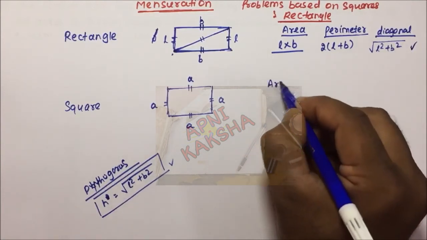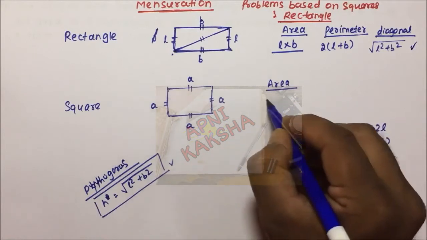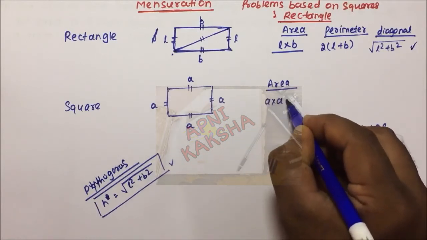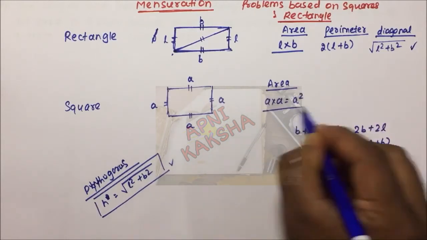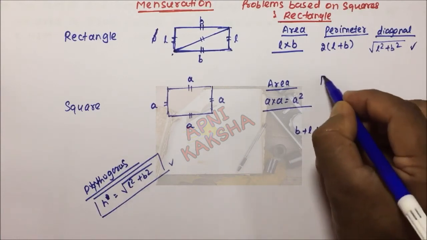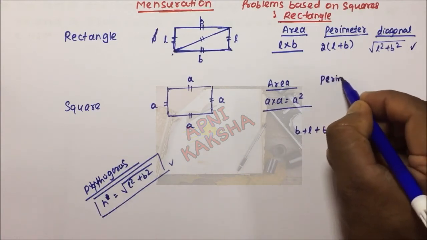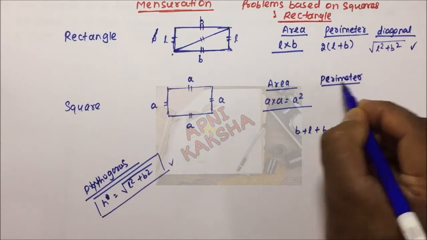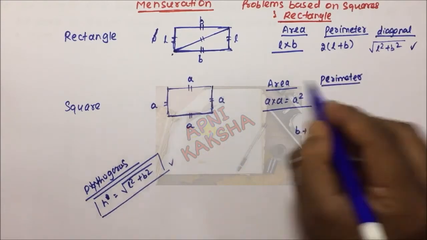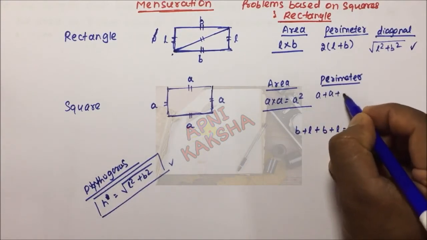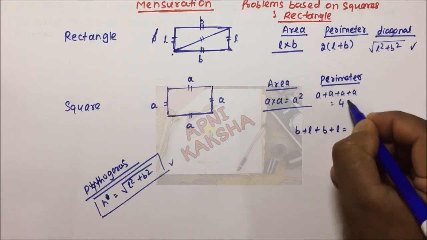If we talk about the square, the area will again be length into breadth, but here both are the same. So this will become A into A, A square. So area will be side square. The perimeter is nothing but the sum of the sides: A plus A plus A plus A is equal to 4A.